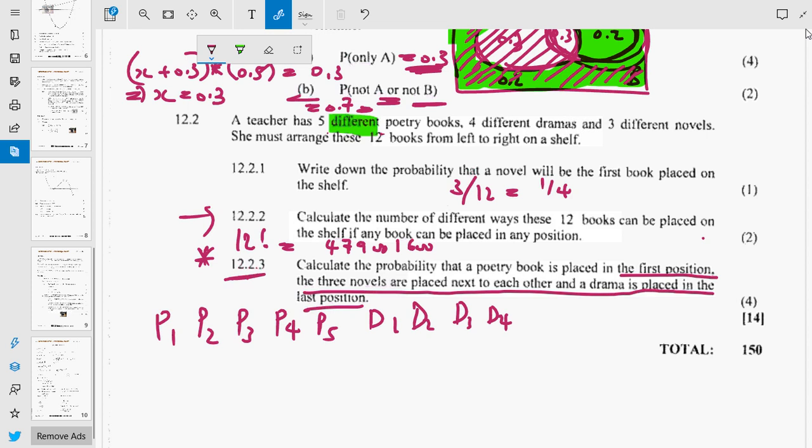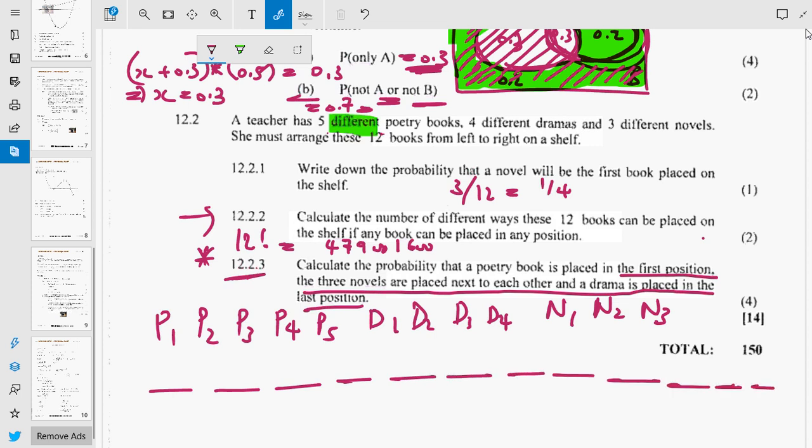And I have 3 different novels, so novel 1, novel 2, novel 3. Now, that means I have 12 spaces, 1, 2, 3, 4, 5, 6, 7, 8, 9, 10, 11, 12, because there are 12 books.